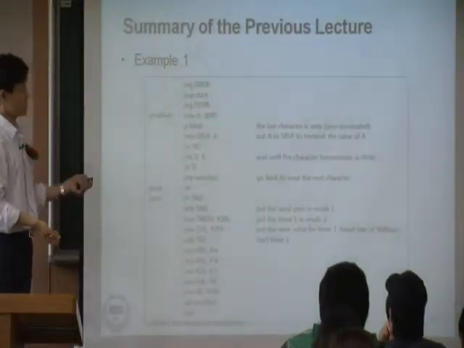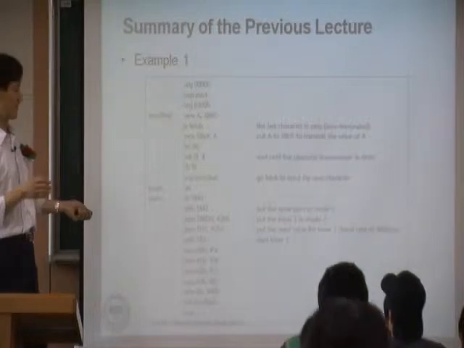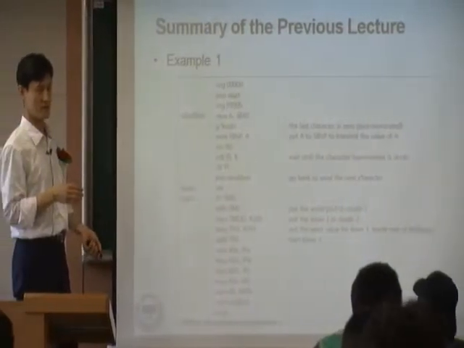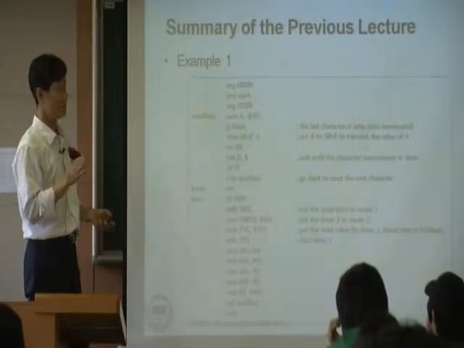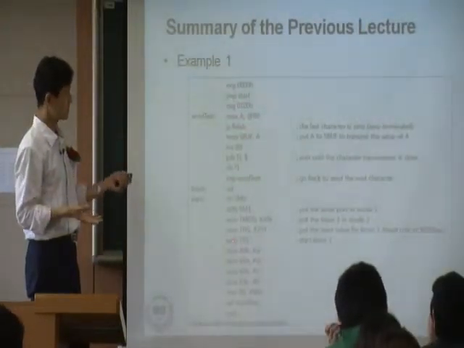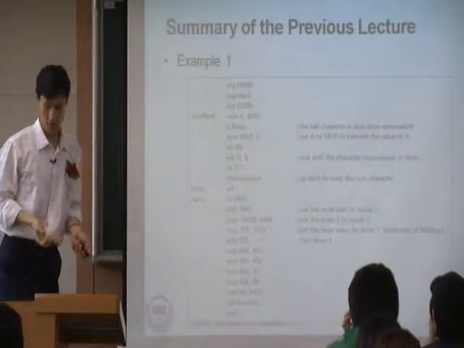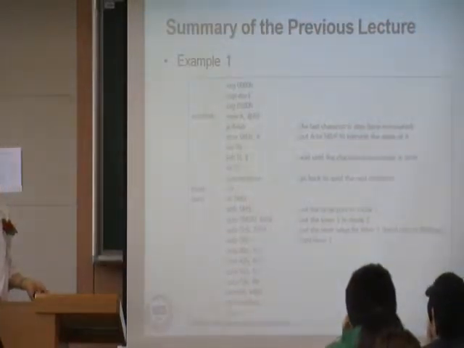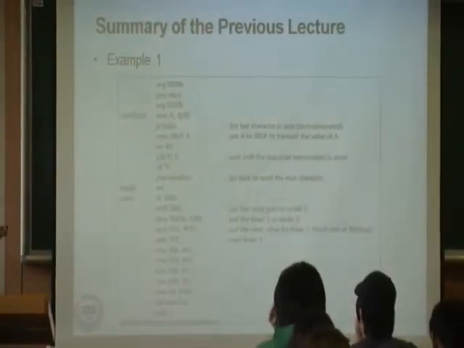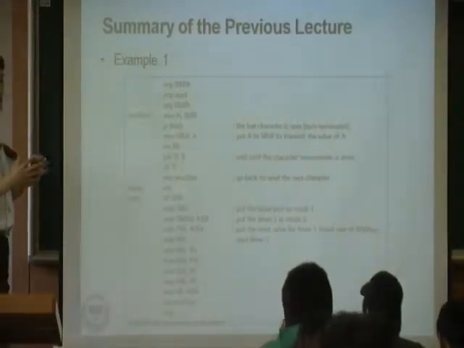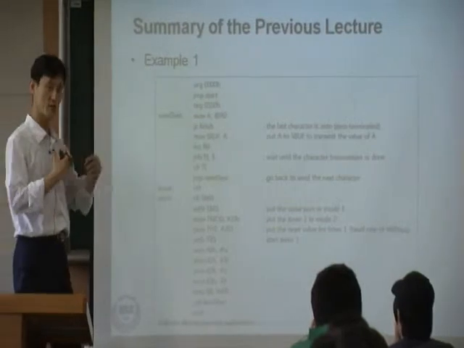So in this program, this is just transmitting three different letters. Okay? A, B, C. That's what we do. So transmitting, simply. And in this particular program, we are using the serial communication hardware, of course, because we are transmitting.